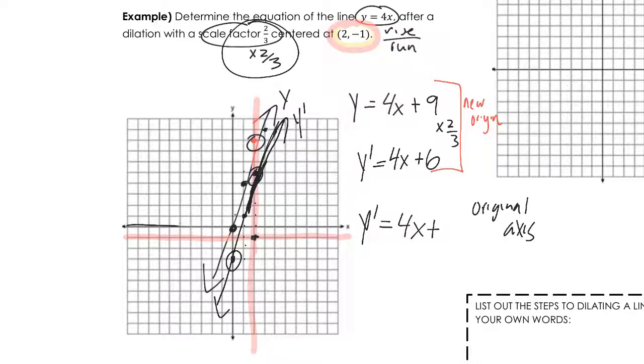So instead of plus, I'm making it minus 3. And that's my equation when I dilate around this center point. Really all that's happening is it's getting 2/3 closer to this center point. We just have to figure out that new y-intercept when we're done.